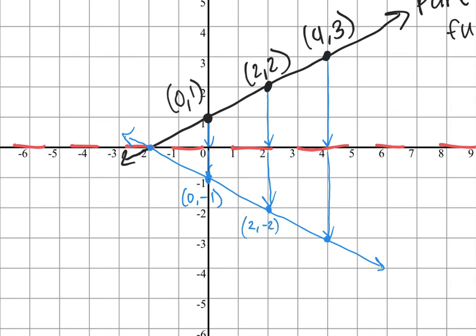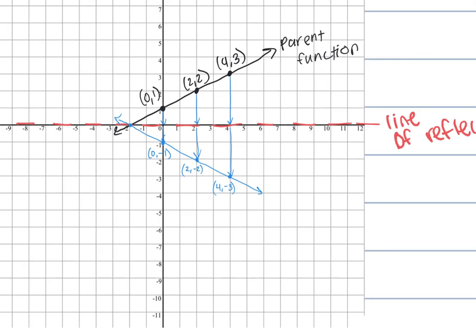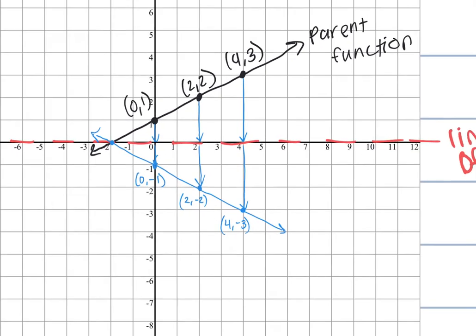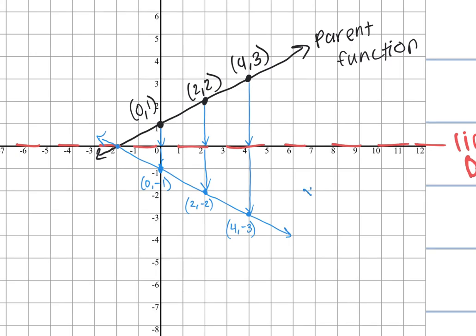And the last point? 4, -3. Does anyone see the pattern? The y values are all negative. So it's the same thing, just the y values became negative. Just write: y values, change sign.